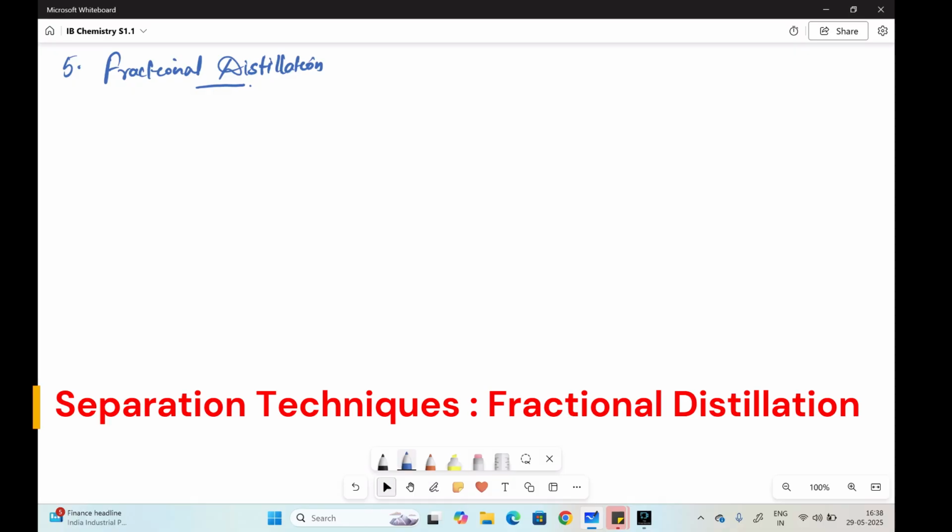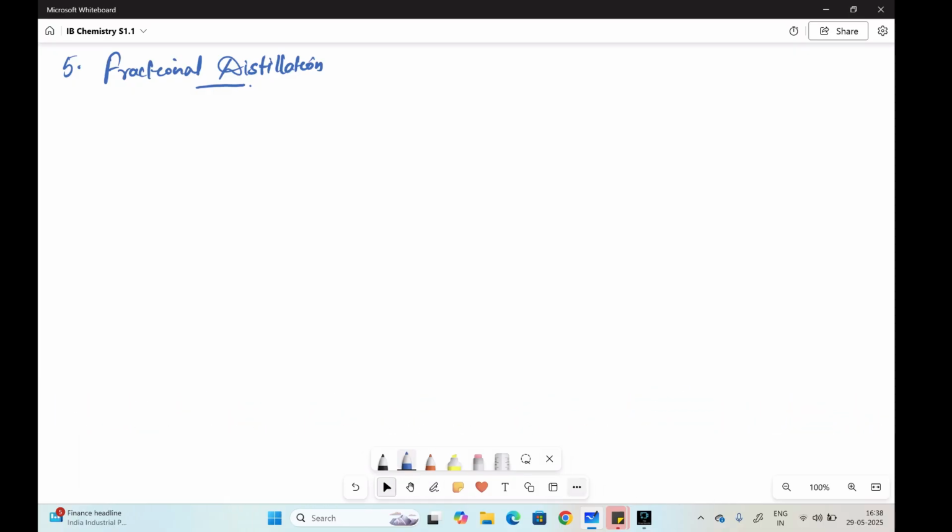Fractional distillation, when we have lots of many things there. Let me show you one diagram.